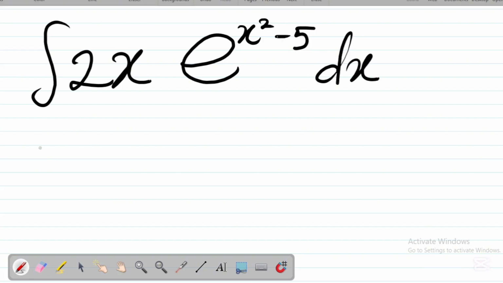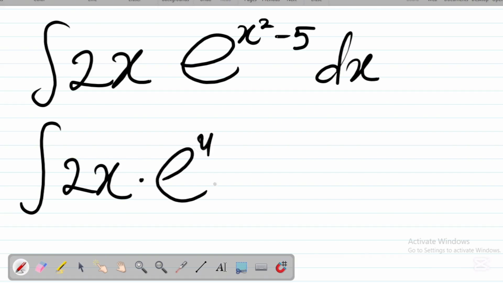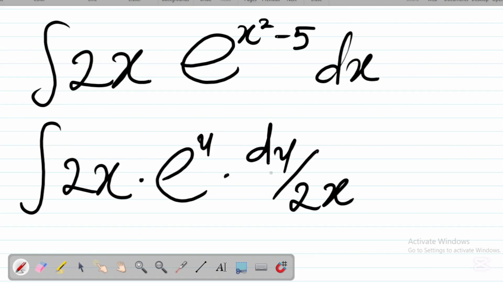So if you substitute into equation 1, you would have 2x multiplied by exponential u multiplied by du all over 2x. Remember, x squared minus 5 is u, and dx from our calculation gave us du all over 2x. That's why we have 2x exponential u multiplied by du all over 2x.